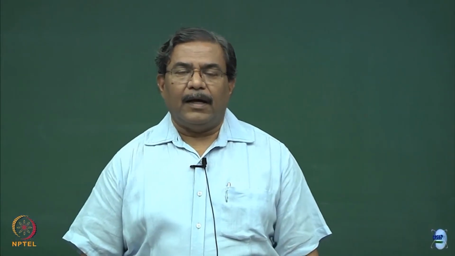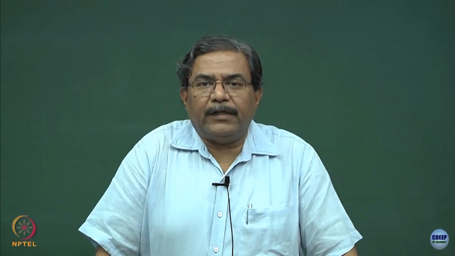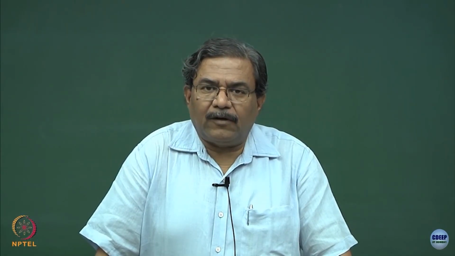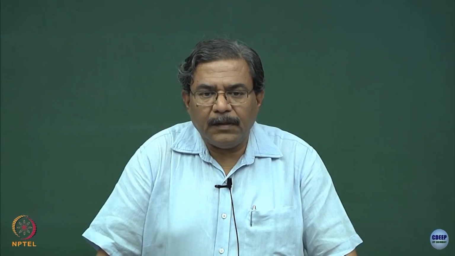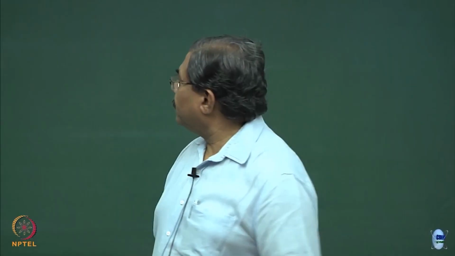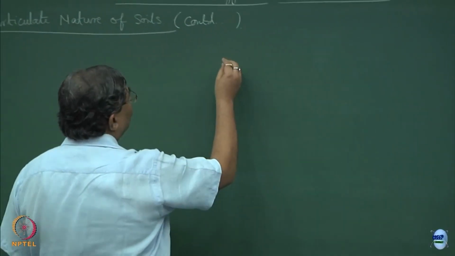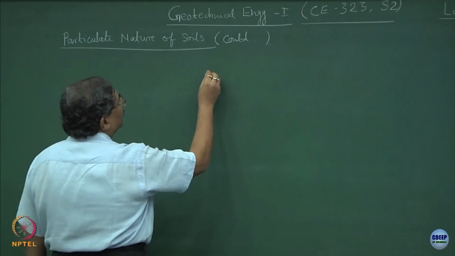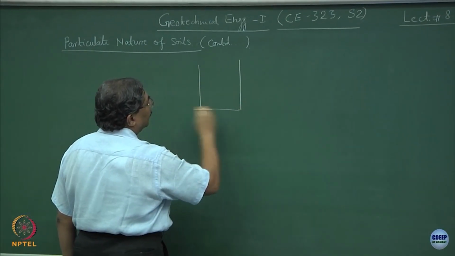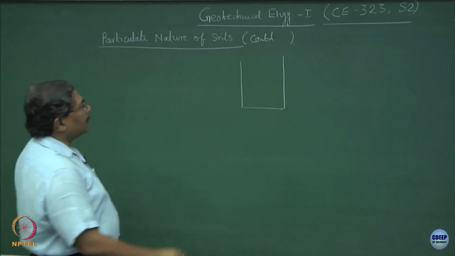In context of this, I was defining what the particulate system is all about, and just to reiterate, the particulate system is a system of the material which is consisting of particles. Sometimes we call them as grains also. So, I have been talking about a situation where you have a control volume, and this control volume is confined in such a manner that the boundaries are rigid.